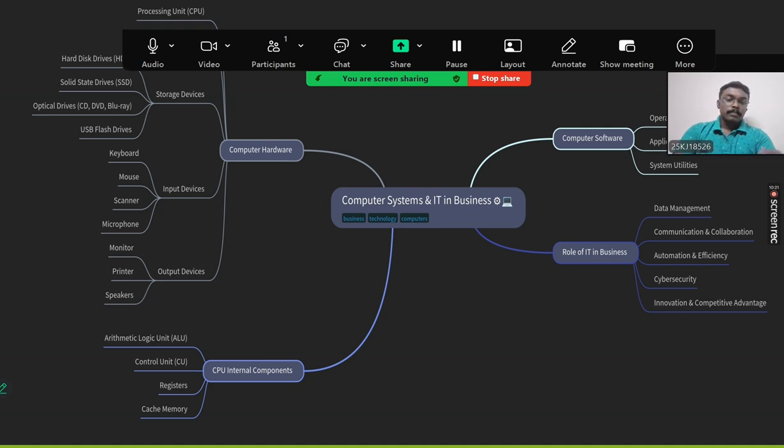The next main topic that we have to take is the role of IT in business. It is very important. Information technology plays a very important role in business because about 90 percent of business activities are conducted in a digital format, like recording sales, e-commerce, marketing, everything is done through information technology.